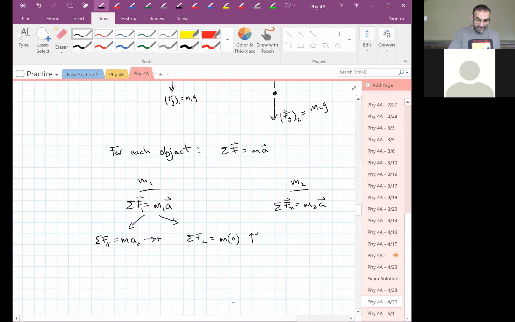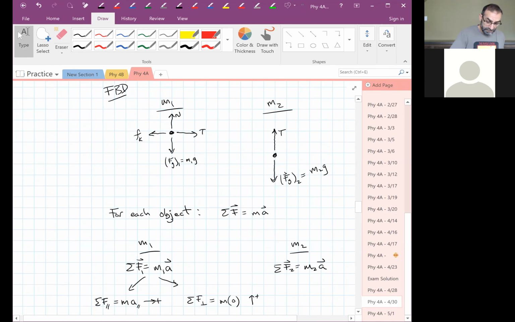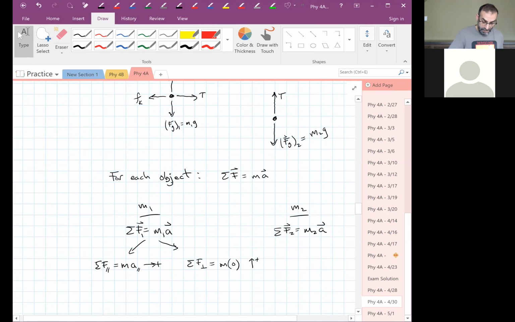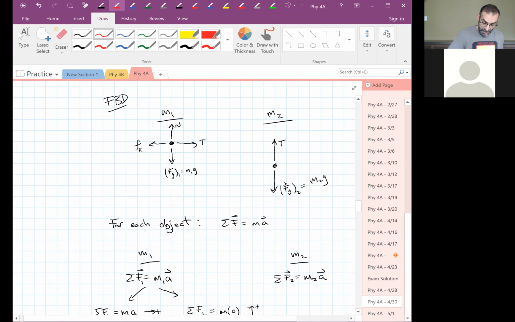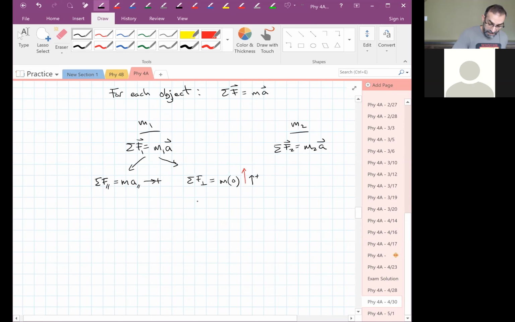So let's finish off our perpendicular direction first. So we have one force that's in the positive direction and one force that's in the negative direction. So we'll take that into account in our equation here. The normal force minus m1g has to be 0. The normal force just equals the weight of the object.